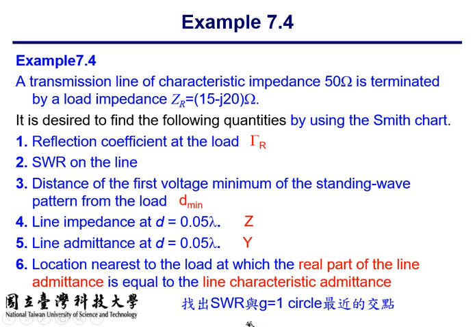The interpretation of this question is to find the intersection of the constant SWR circle and the G equals 1 circle, which can be referred to as the unit conductance circle. On the Smith chart, if you flip it by 180 degrees, the Z chart becomes a Y chart. So after flipping, you use the admittance point of view.